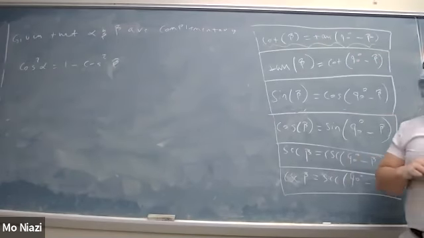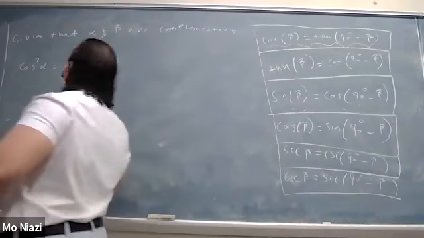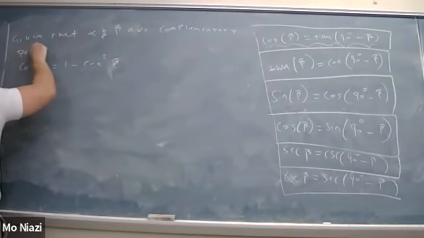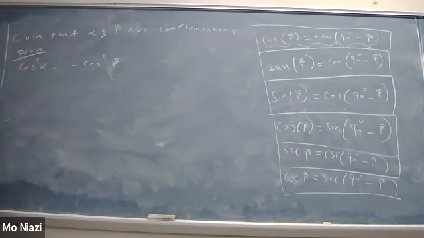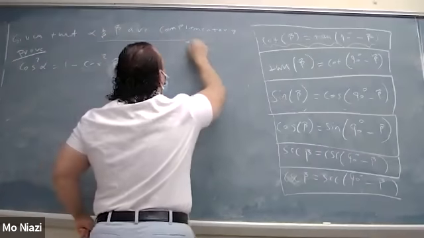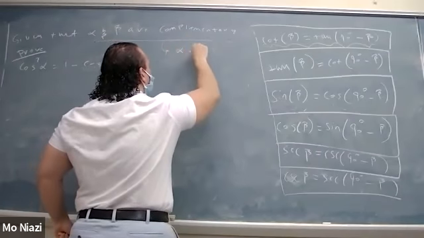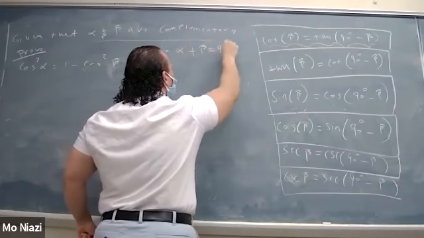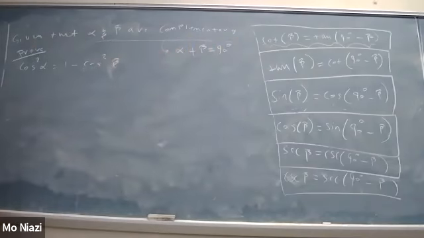Given that alpha and beta are complementary, prove this to be true. What did it mean for alpha and beta to be complementary? They equal 90 degrees. So alpha equals 90 and beta equals 90? No, they both add up to 90 degrees. Aha! This gives us that they both add up to 90 degrees. Big difference of them both being 90 degrees.